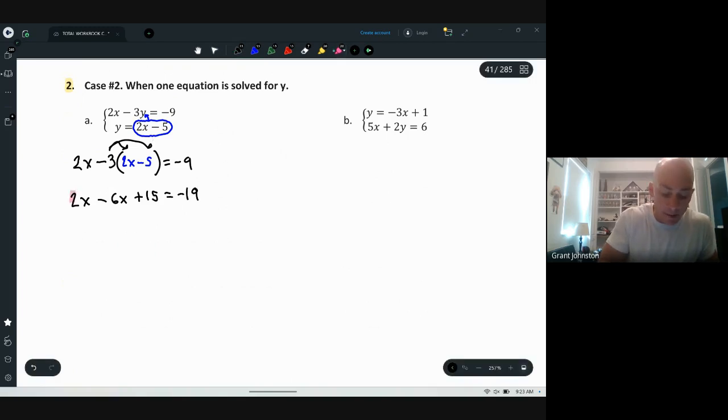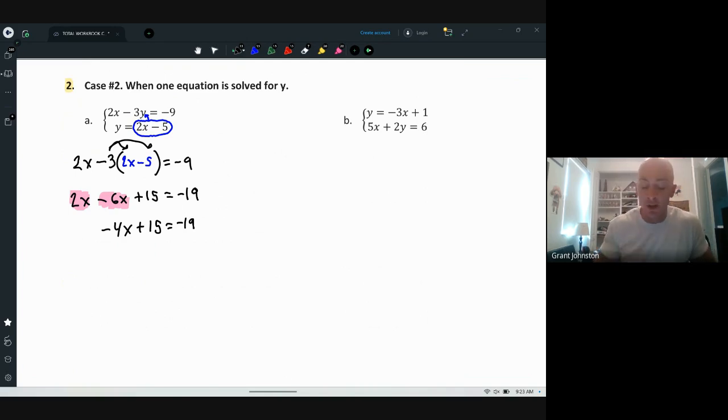Now I can combine like terms: 2x minus 6x is negative 4x. I have a two-step equation. I'm not going to show full work anymore, we've done enough solving equations. I'm going to subtract 15 from both sides.